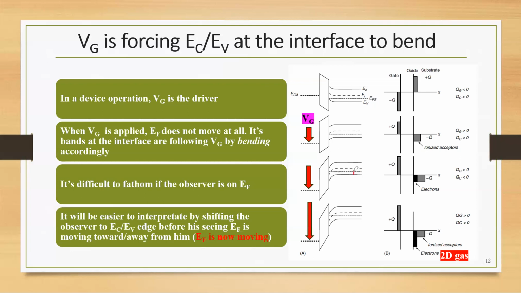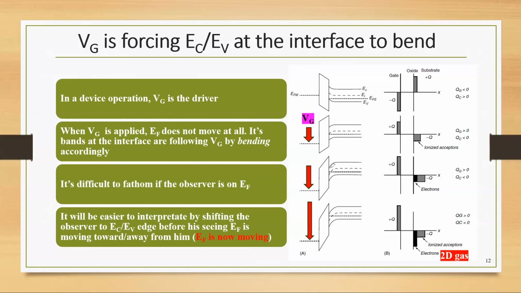The Fermi level inside the semiconductor is not moving at all. The Fermi level on the metal side is always moving, very effectively 1 volt to 1 volt by the applied voltage, obeying the applied gate voltage. So what do you mean by Fermi level moving?